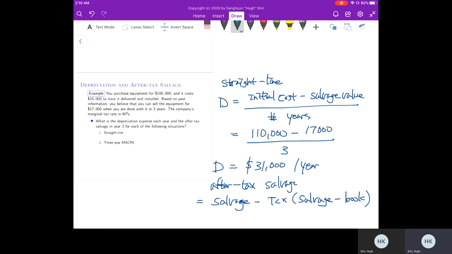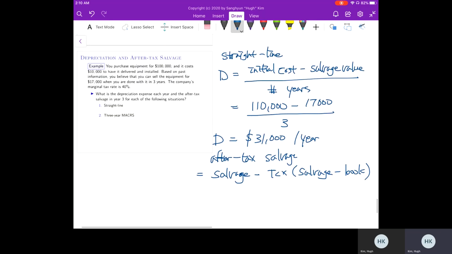Using straight line depreciation, the asset will be depreciated to $17,000. So the book value of the asset will be $17,000. The salvage value and the book value, in this case, will be equal, so there are no tax consequences. The after-tax salvage value will be the same as the before-tax salvage value of $17,000.